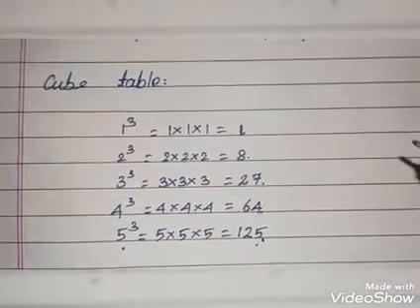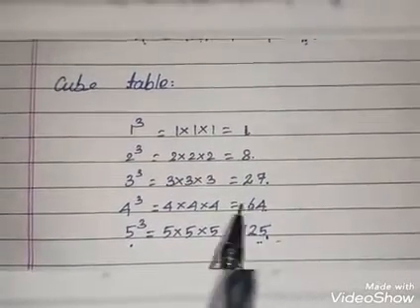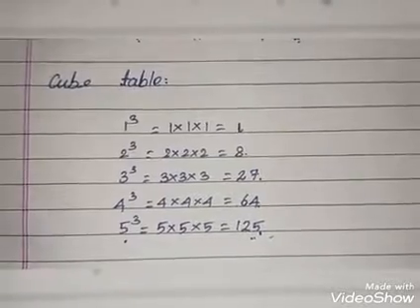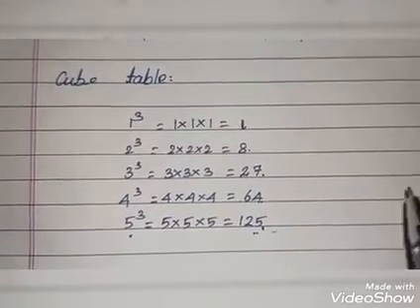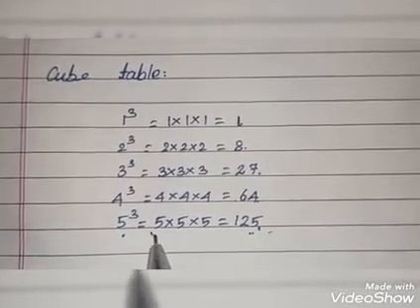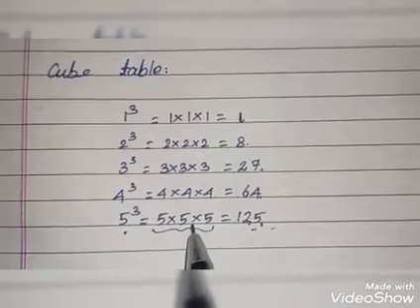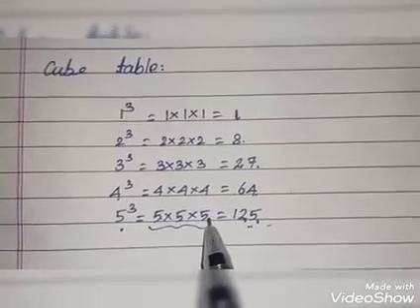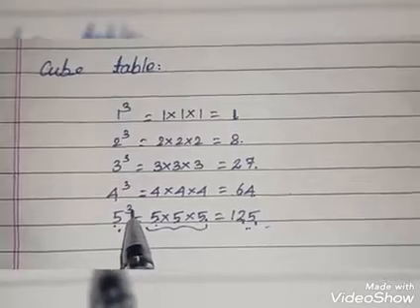This is the cube of a number, and if you take the reverse, it is the cube root. So how do you find the cube root? You need to take only 1 out of every 3. For example, 125 can be written as 5 into 5 into 5, which is 5 to the power 3.